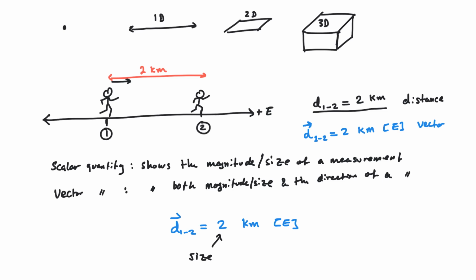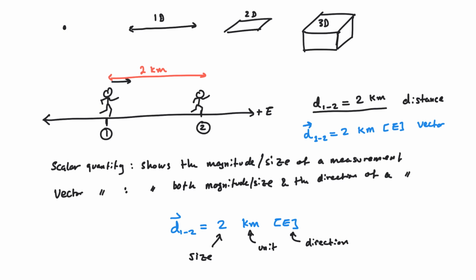The bigger it is, that means that the person has moved more. Size or magnitude is the word that we use here. This is the unit. It means it could be meters, it could be kilometers, it all depends on the situation. And this is direction. So with a vector, we need 3 things. We need its size, unit, and direction.